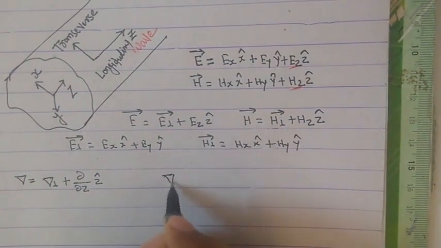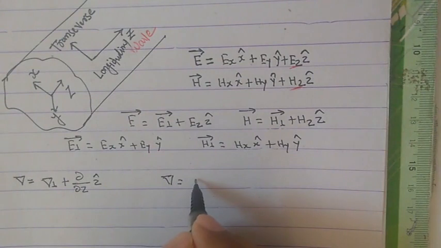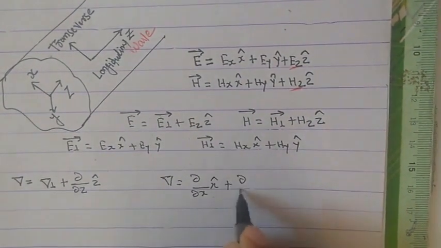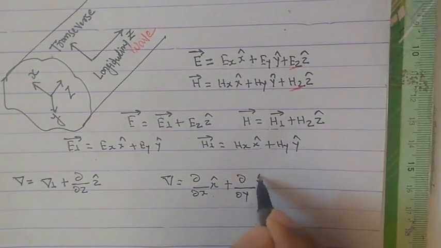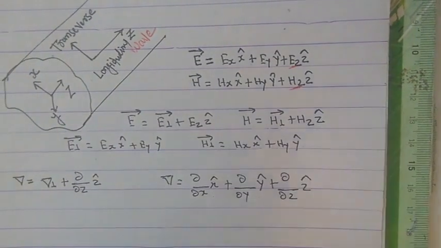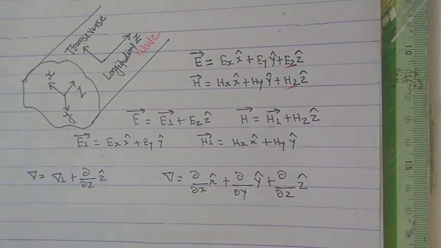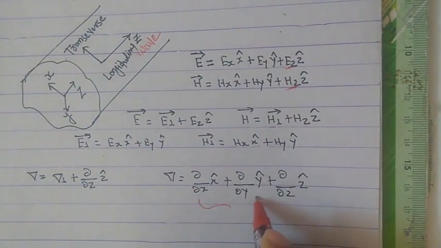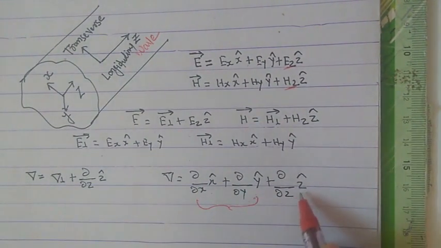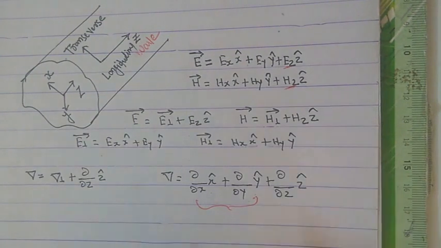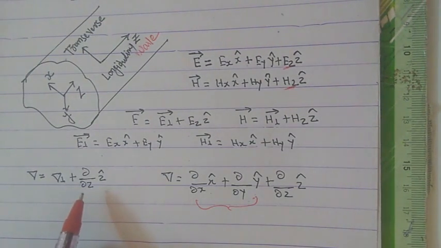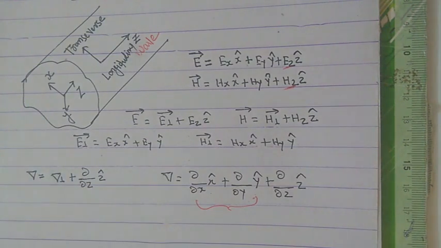Because you know del in the Cartesian coordinate system is del by del x of x, plus del by del y of y, plus del by del z of z. So this part is the del transverse because that is in the xy plane, and this is in the direction of wave propagation, longitudinal. So del can always be expressed in its transverse and longitudinal component form.